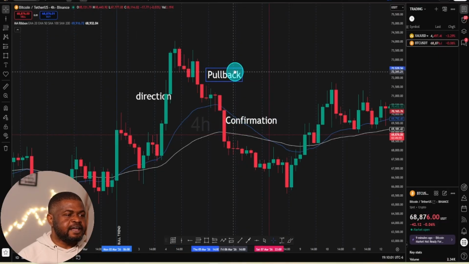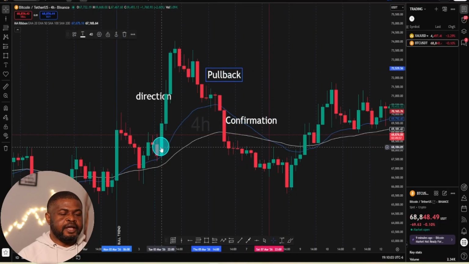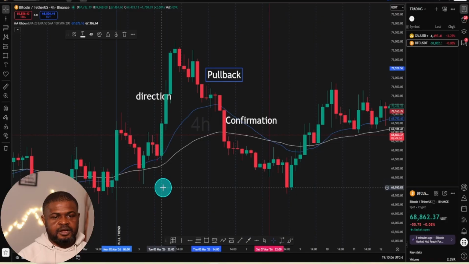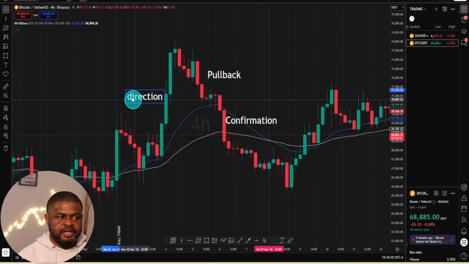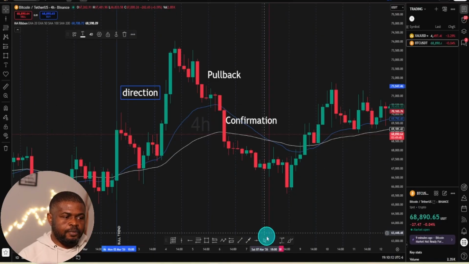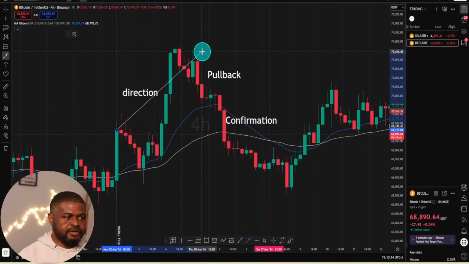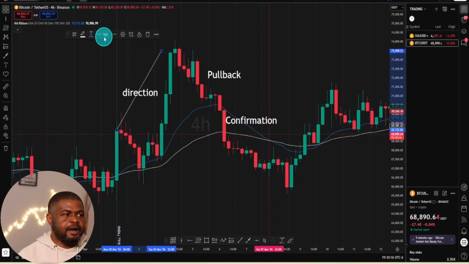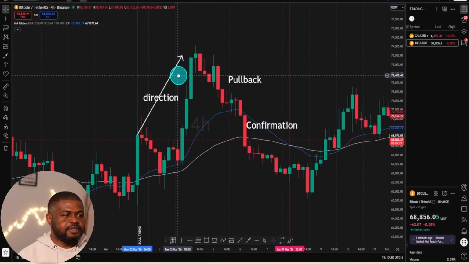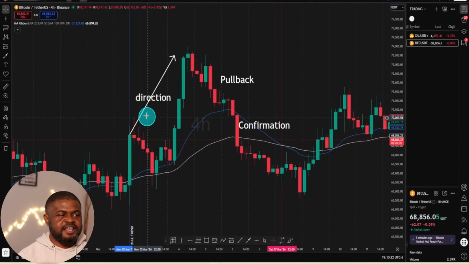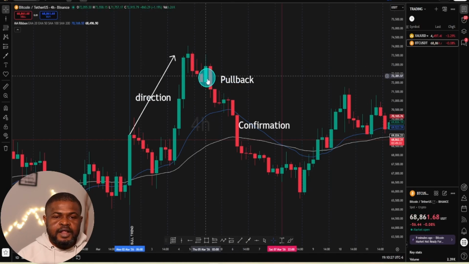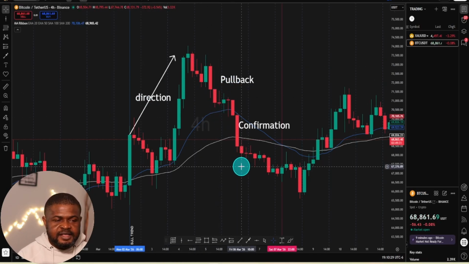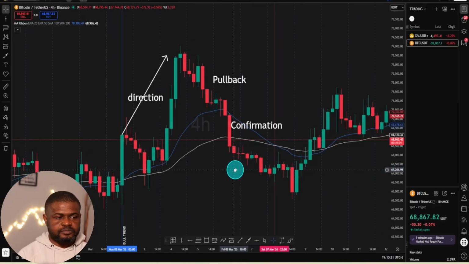To enter a trade in the direction, right? The direction is up, okay? We all agree the direction is up. I am looking for something that will tell me to enter a trade in this direction, which is up. So what I'm looking for in this pullback is a confirmation, right?